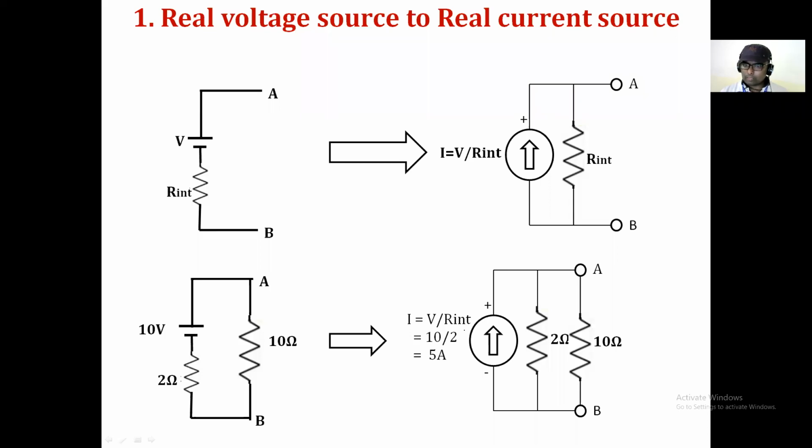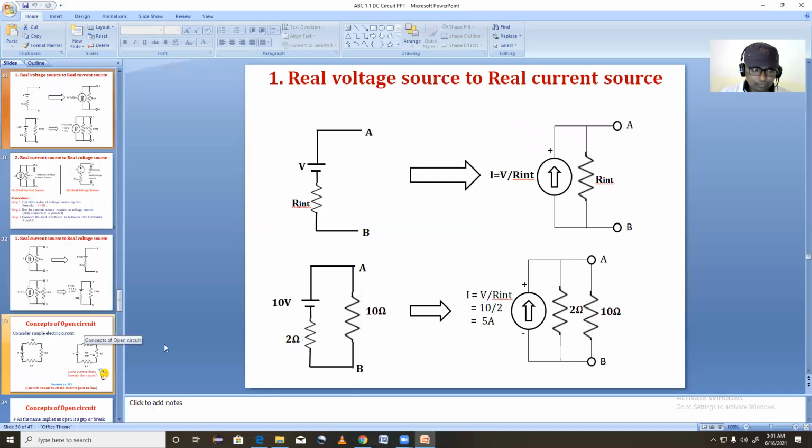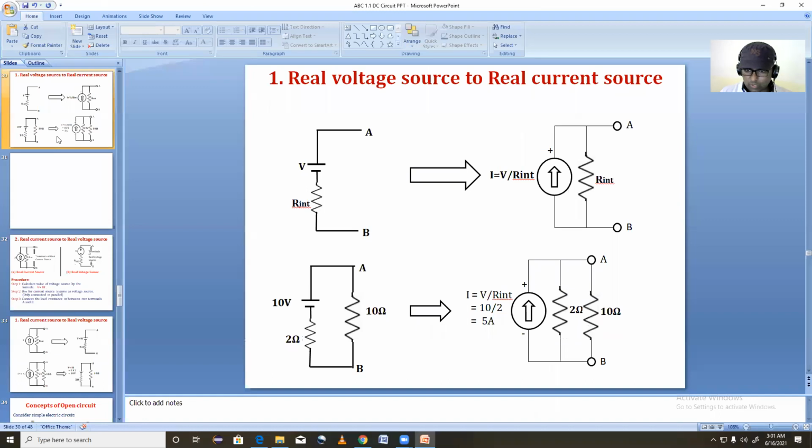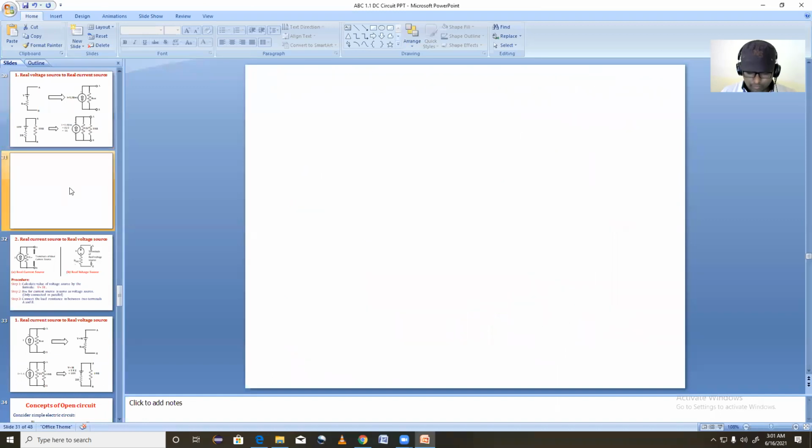Okay, now let me prove these things again. Let me take one slide so that I can prove it. All of you please pay attention here so that your concepts will be clear.